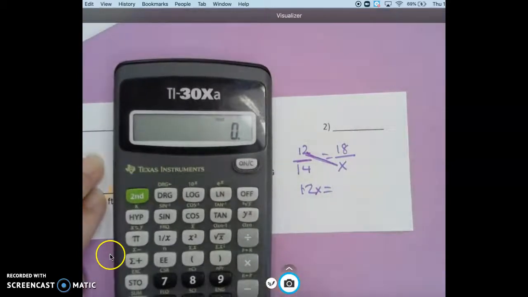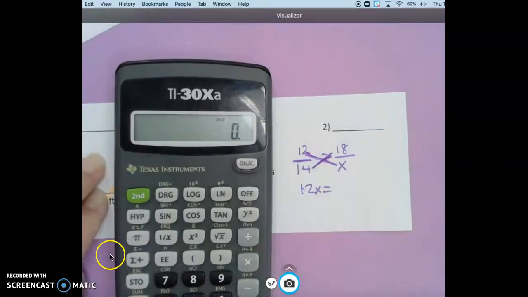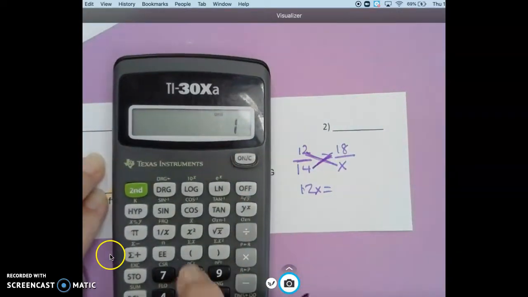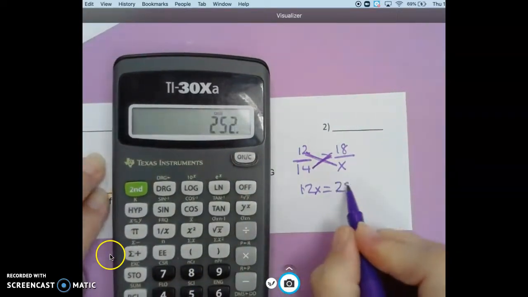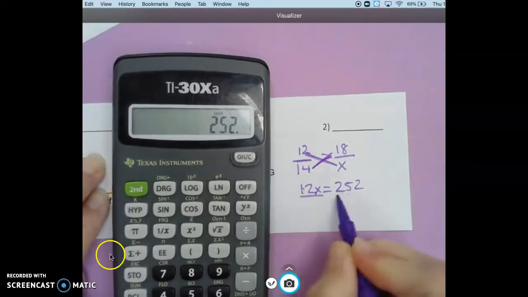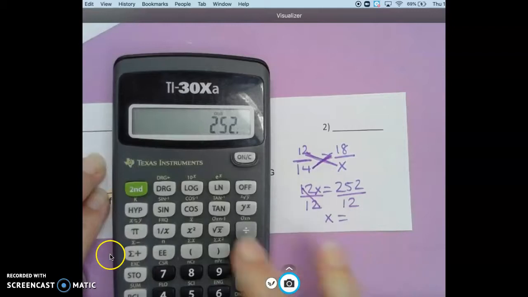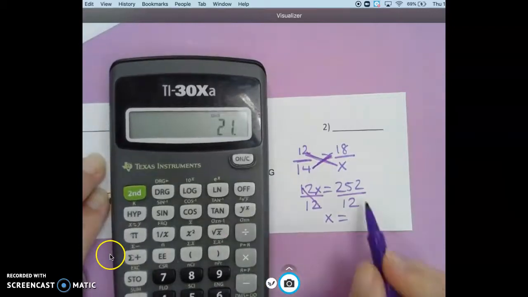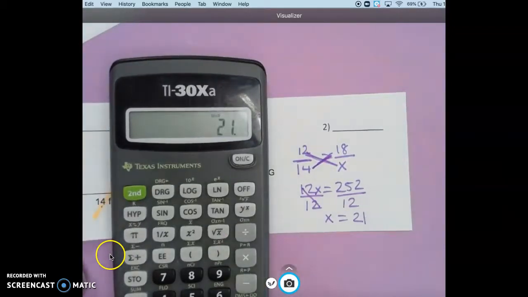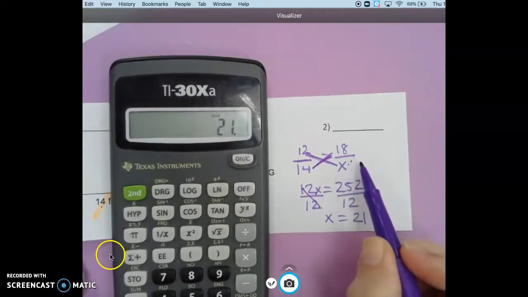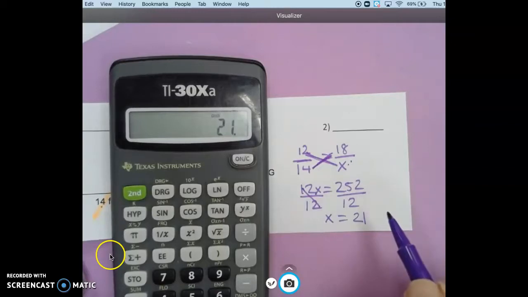And then if I do 14 times 18, that's 252. So now all that's left to do is divide by 12, and x equals 21. So if I go back and put my 21 here, then I can always go back and double check and make sure that it is right.